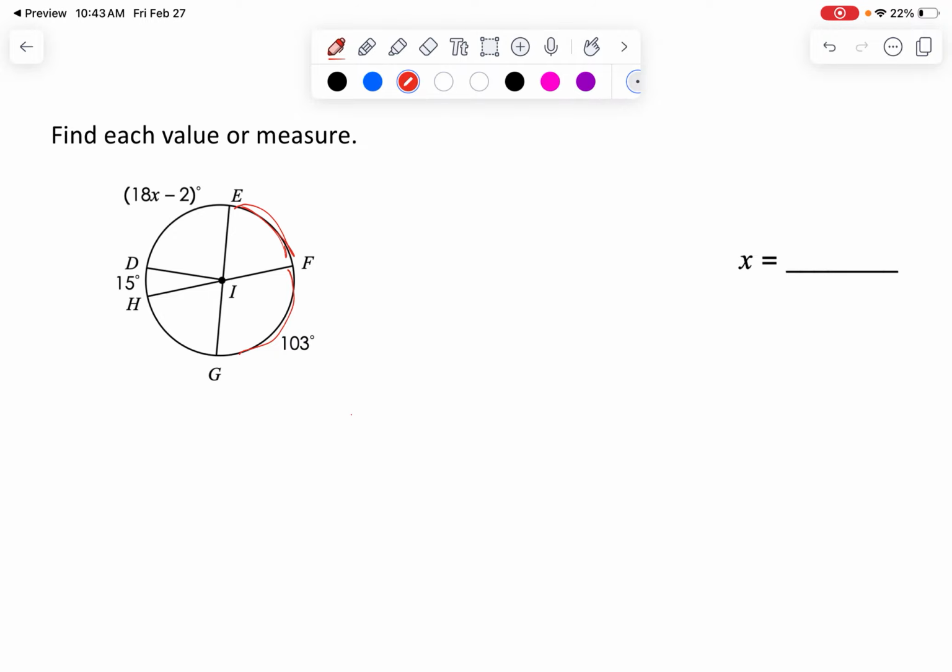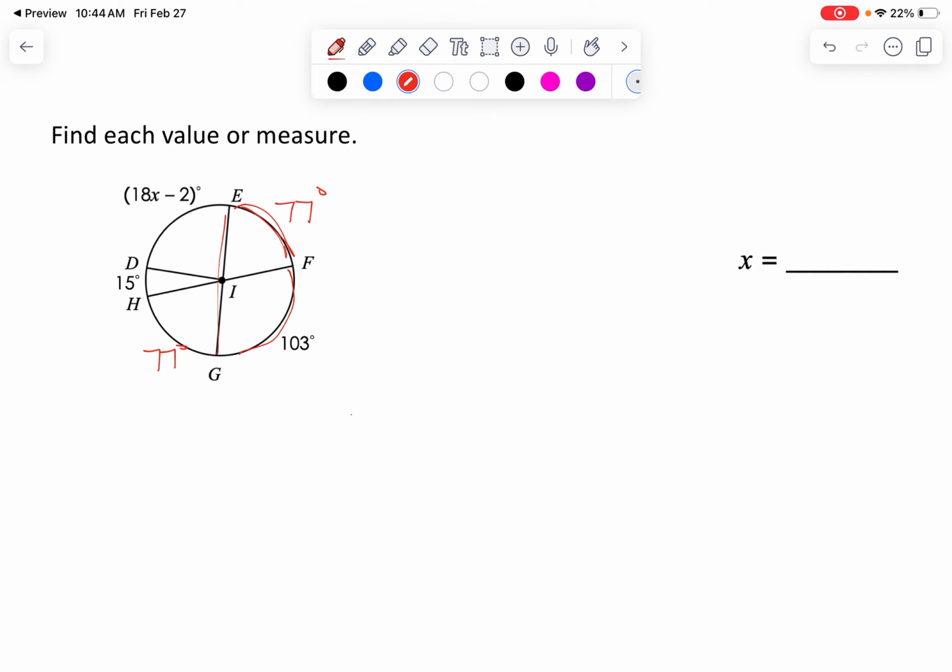I want to figure out what this is, because I know this is 180, right? So if I take 180 minus 103, that gives me 77 here, which means this is 77.